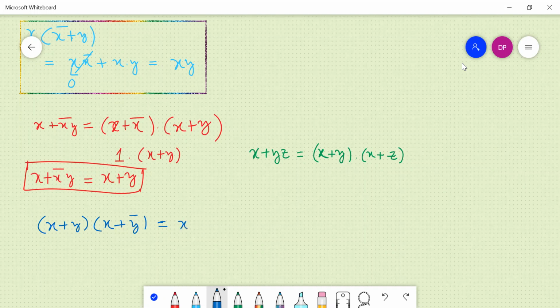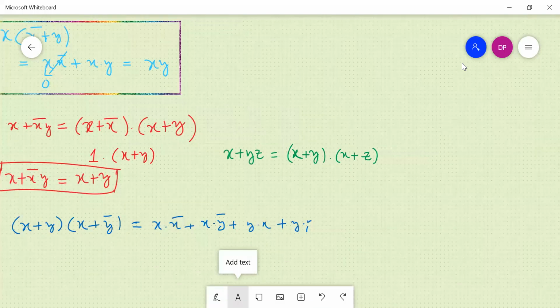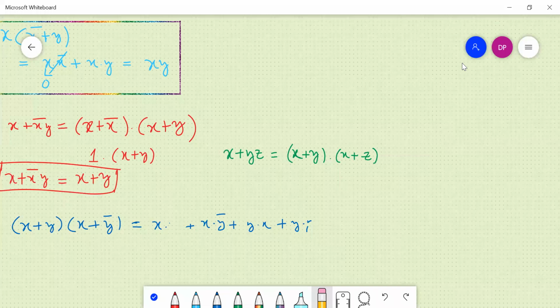So it will be x dot x bar plus x dot y bar plus y dot x plus y dot y bar. First one is x dot x. This is y dot y bar. So what will be y dot y bar? 0. Y dot y bar will be 0.